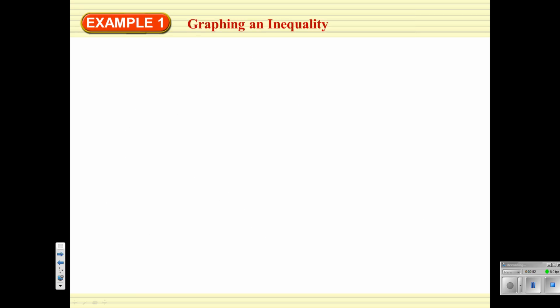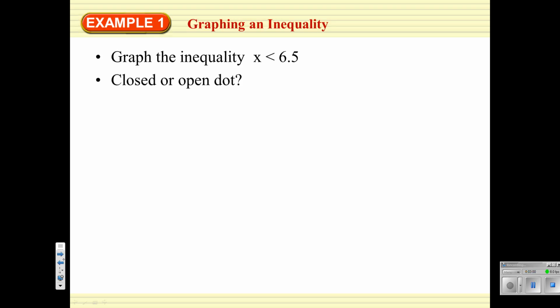So here's an example. Graph the inequality x is less than 6.5. Would we do a closed or open dot? Well, it's just less than, so we would do an open dot. Which way will the line go?